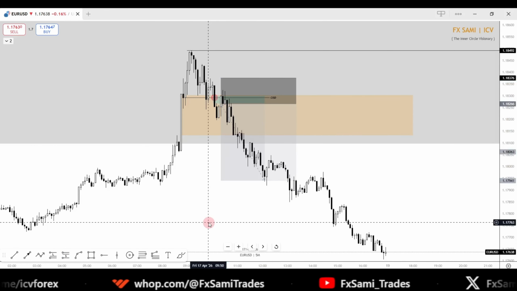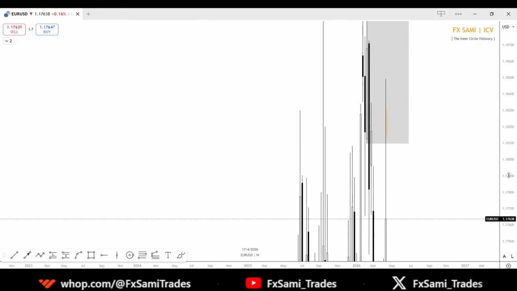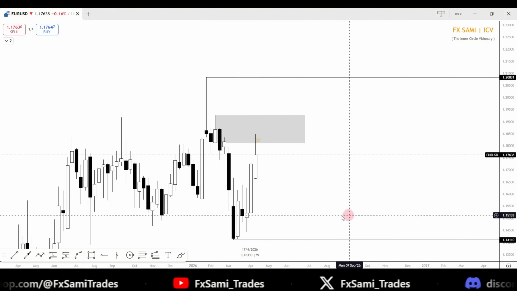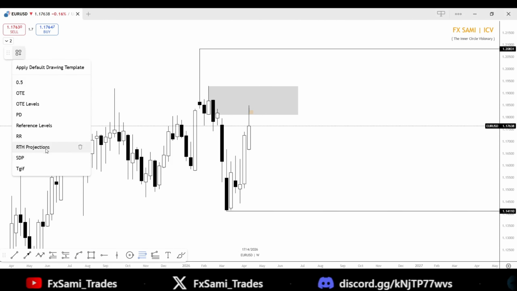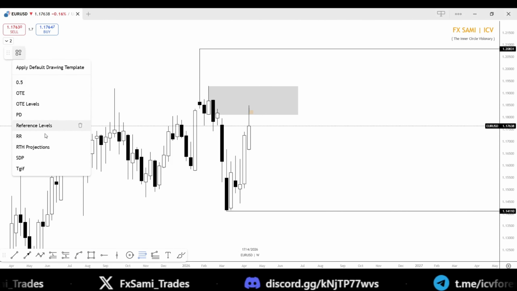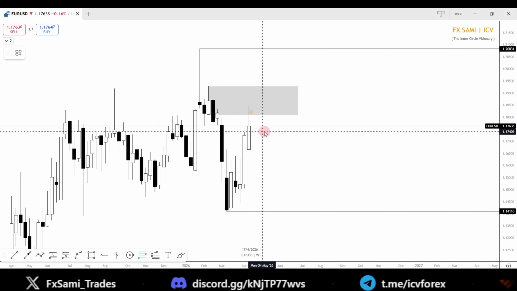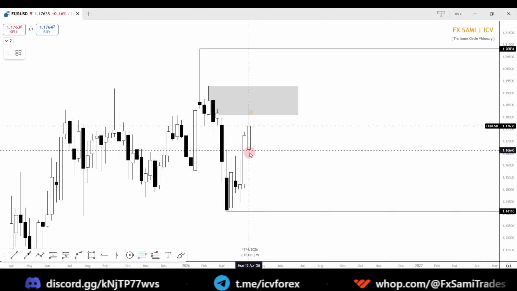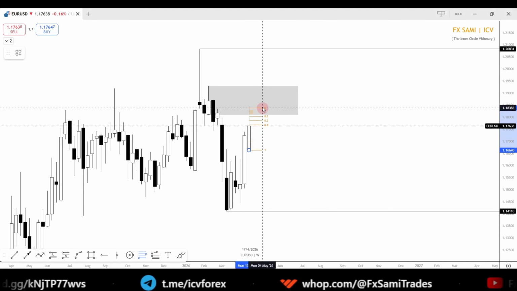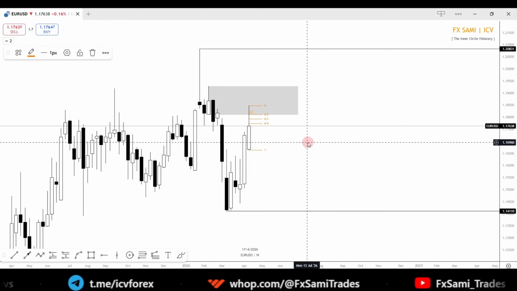Where should we be targeting? Back to the 1 week. Right here. Bring up the TGIF projections. So we said in a bullish weekly candle, we're gonna mark out the projections from the low to the high, right?